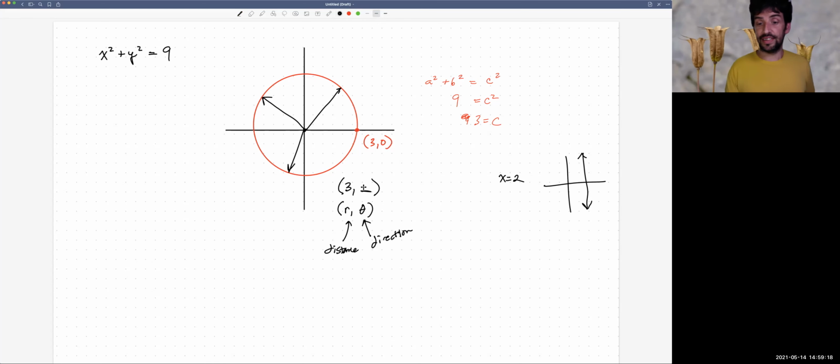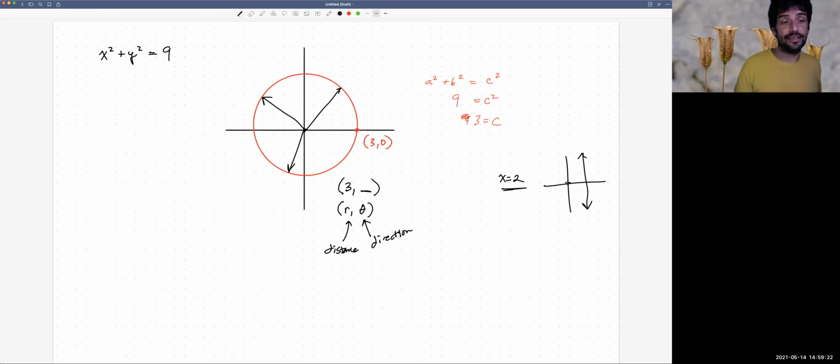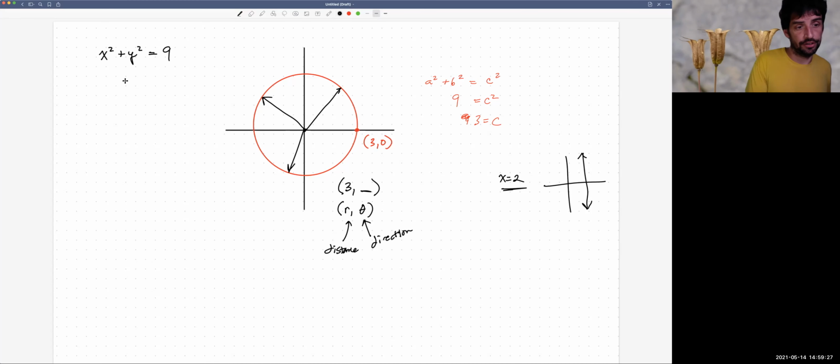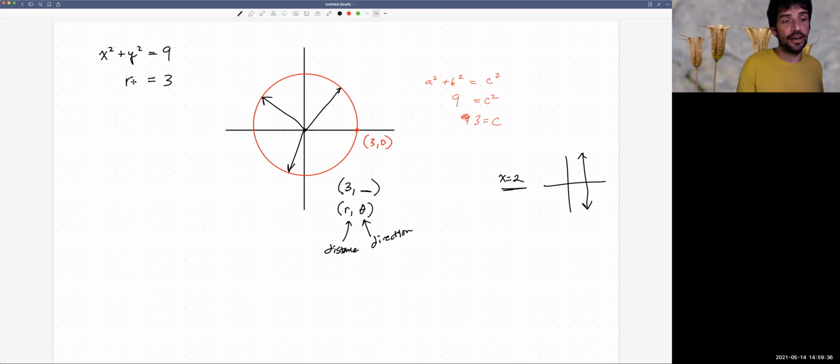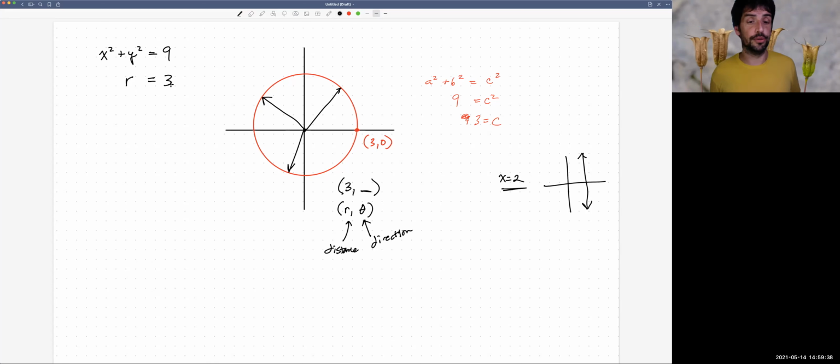And so this theta is just like y over here. It doesn't matter, it doesn't show up in the equation. The polar equation of this circle is simply r equals 3. Same reason y doesn't show up here. I don't care what theta is as long as r is equal to 3.